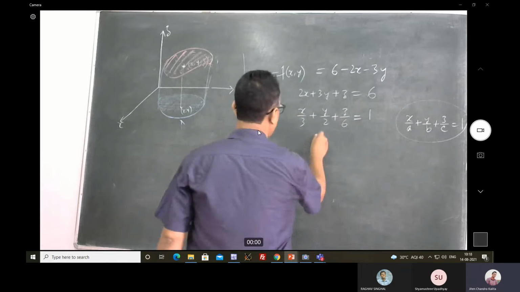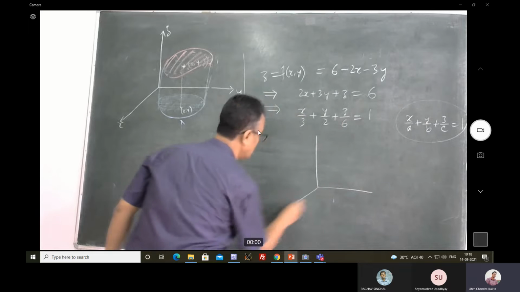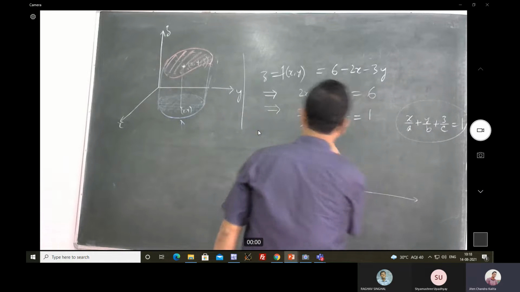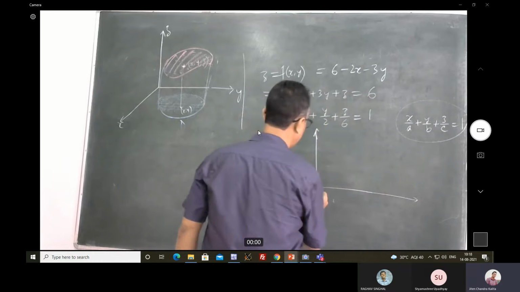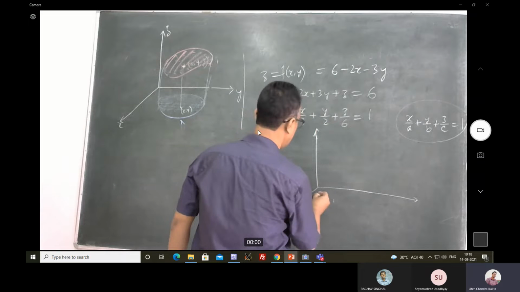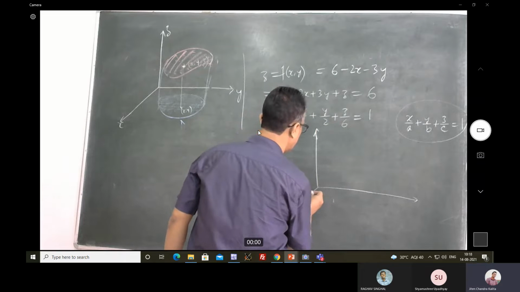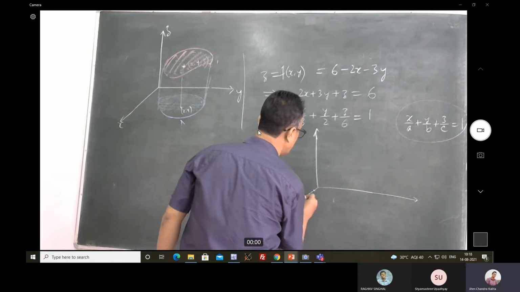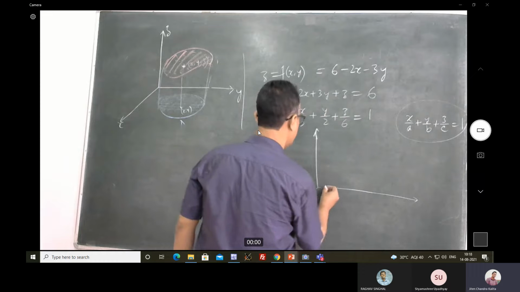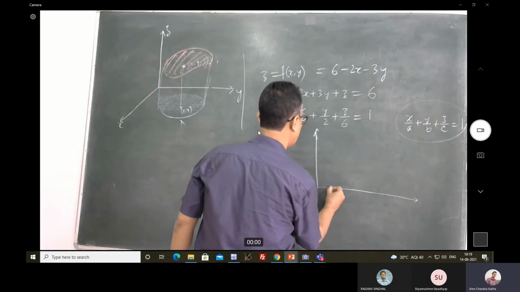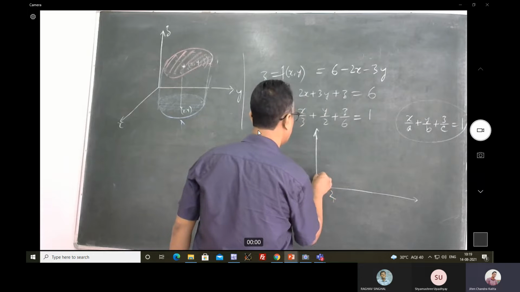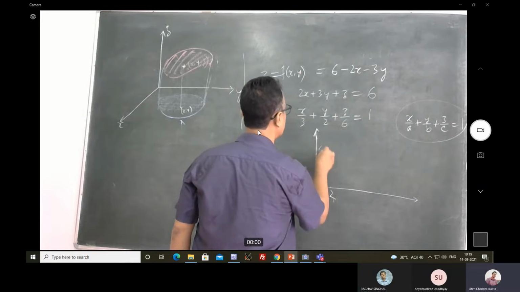Now if I want to draw the graph of the function, suppose this is 3, suppose this is 2, and on the z axis 1, 2, 3, 4, 5, 6, this is 6.